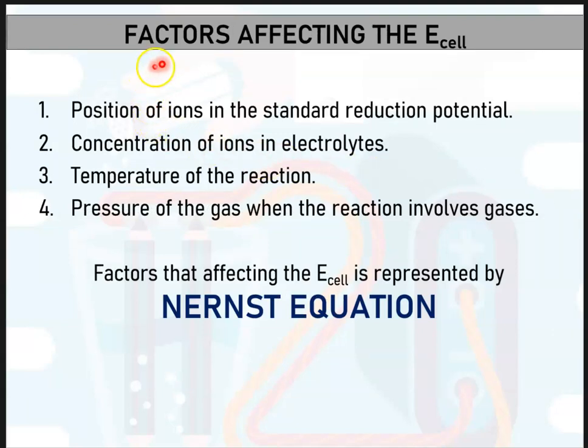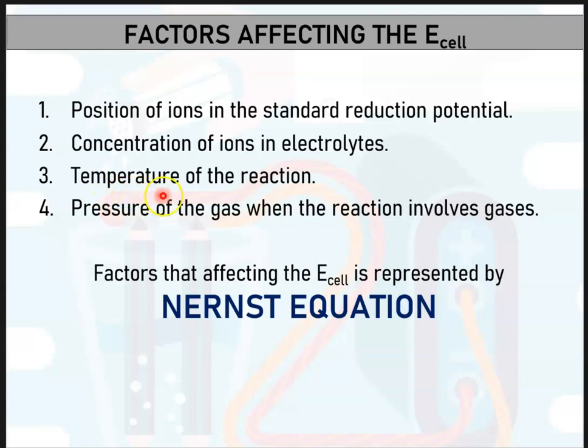So what are the factors that affect the value of the E cell? First, the position of the ion in the standard reduction potential table will affect the E cell. The second one is the concentration of the ions in the electrolytes. This also affects the E cell.